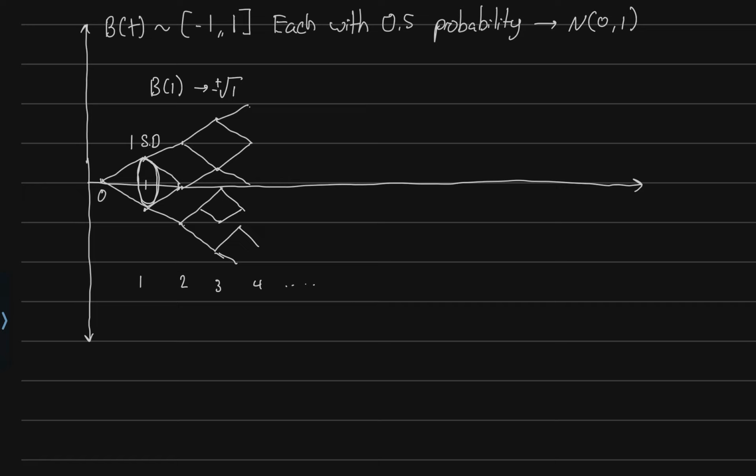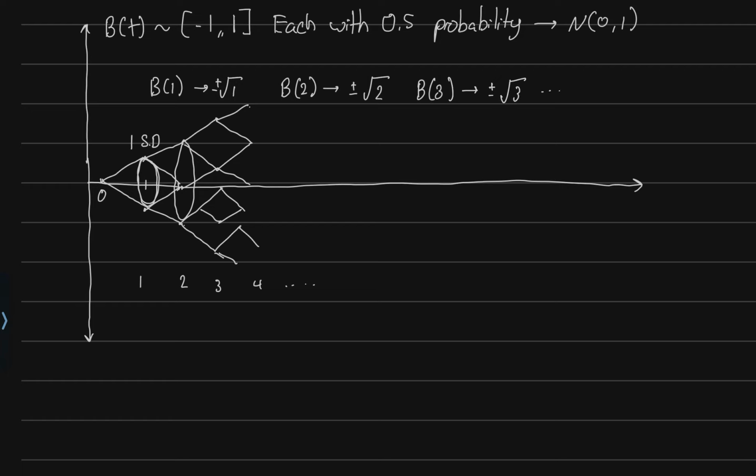Now, if I were to take B of 2, for example, then I have the same probability of staying within plus or minus square root 2. And if I were to take B of 3, then I'll have a 1 standard deviation probability of staying between plus or minus square root 3.